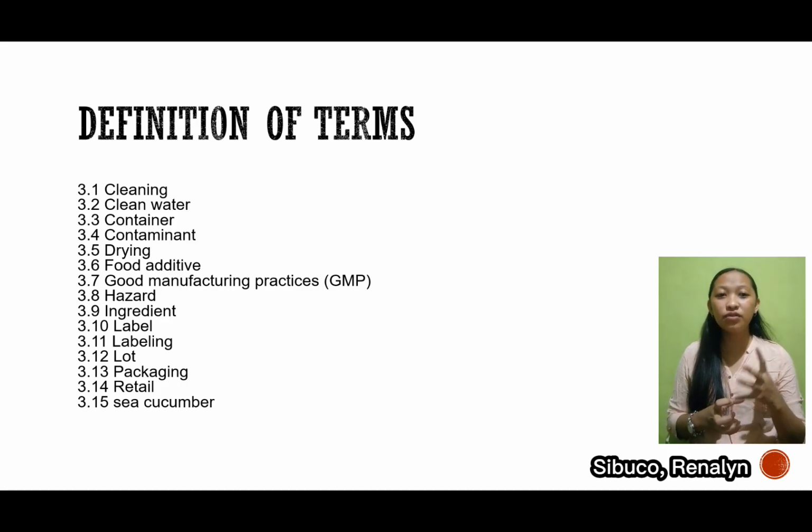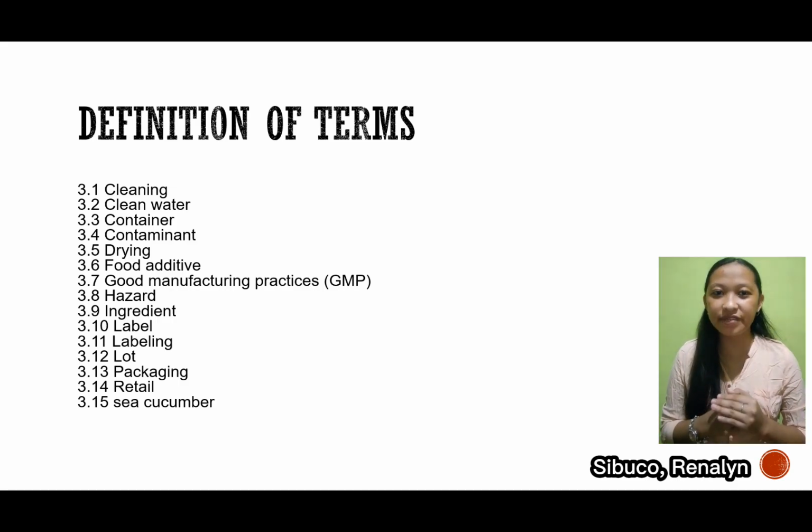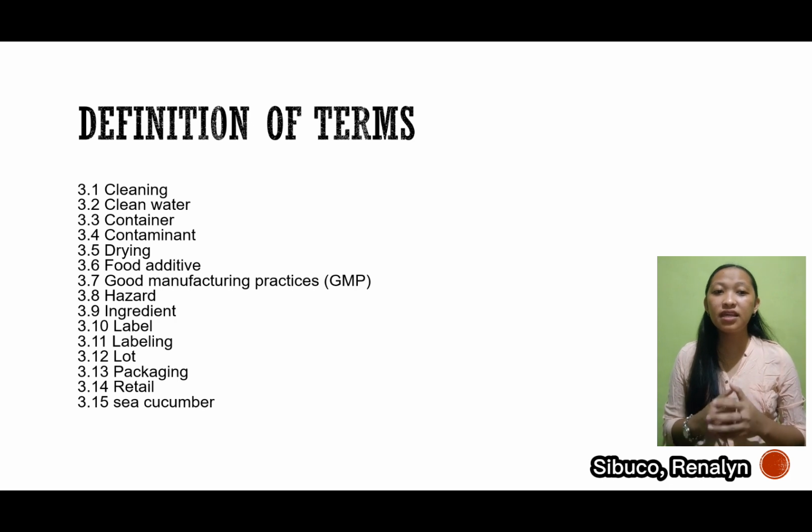Products sold may be packed, chilled, or frozen, and or full service. And for the last, sea cucumber, any echinoderm, generally having soft elongated body and bearing clusters of tentacles at the oral end.